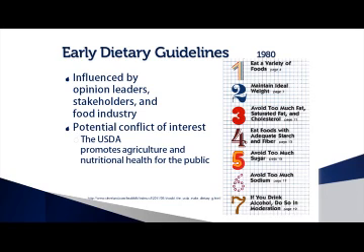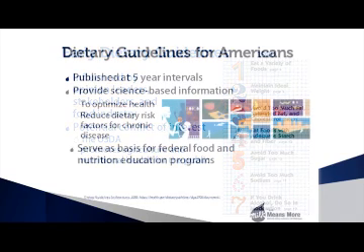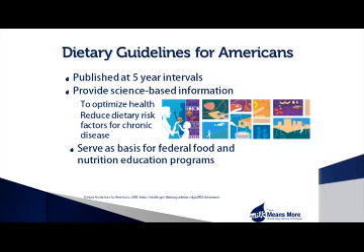Because the U.S. Department of Agriculture has responsibility for supporting agricultural interests as well as public health in reference to food. In response, since 1980, the Departments of Health and Human Services and the U.S. Department of Agriculture have jointly published the Dietary Guidelines for Americans every 5 years, but they are based on the conclusions and recommendations of a committee comprised of independent expert scientists using an open, transparent process.